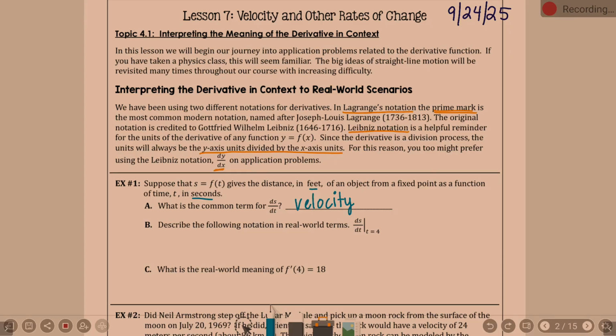Okay, so can I just write IROC? Instantaneous rate of change. I'm just going to shorthand it, IROC. So IROC of an object in feet per second when time is 4 seconds.